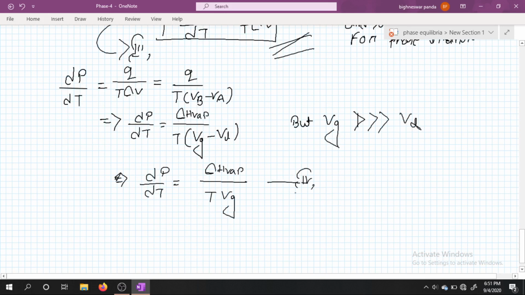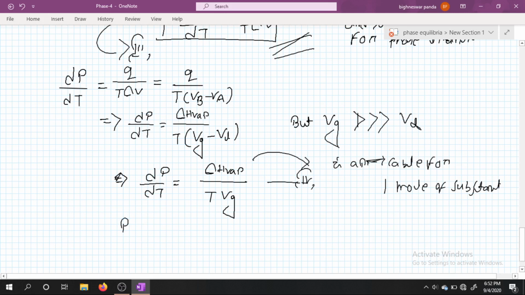Since delta H vaporization or any enthalpy is applicable for 1 mole of substance, by the ideal gas equation PV is equal to nRT.